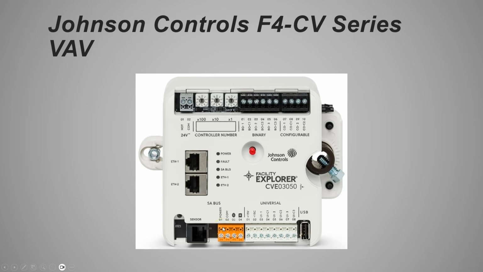Now, if this was an MSTP one, the E would be replaced by an M. So it would be a CVM 03050. And there would be a blue connector down here for MSTP. And my FC bus and SA bus would go where these Ethernet ports are. Okay. Other than that, same form factor, same everything.